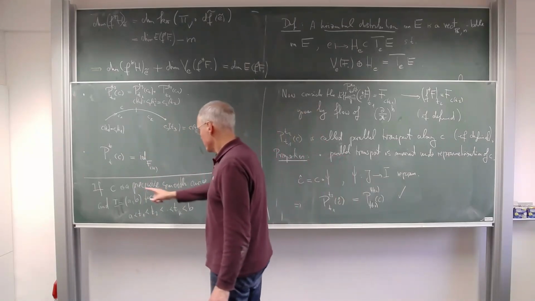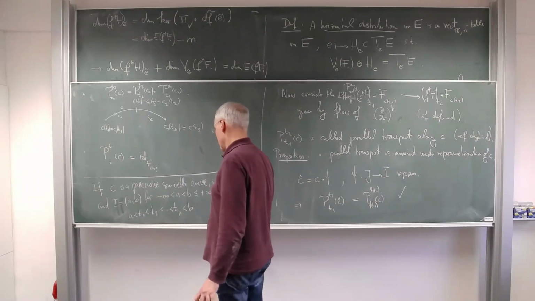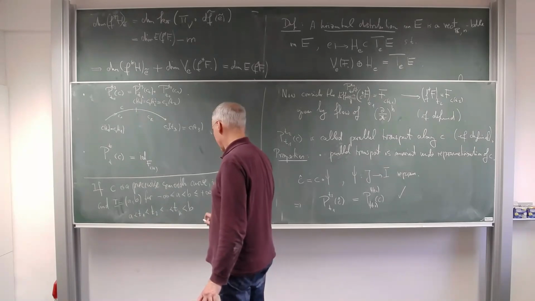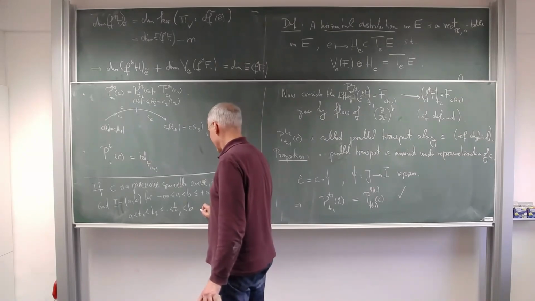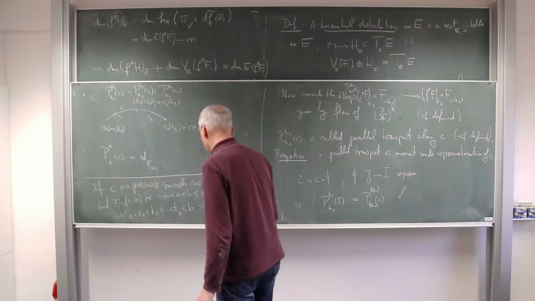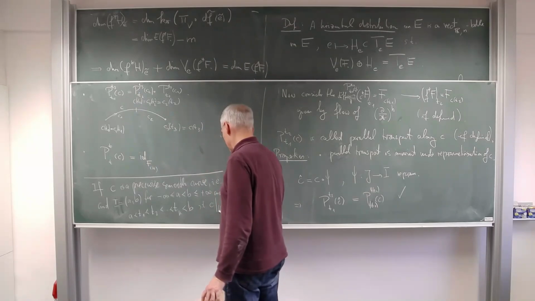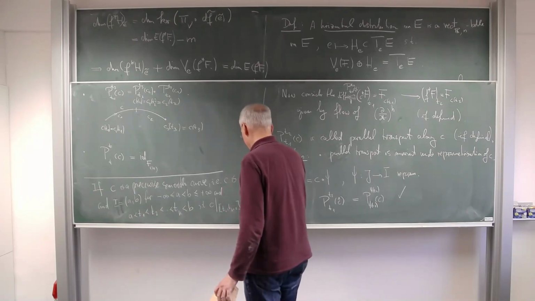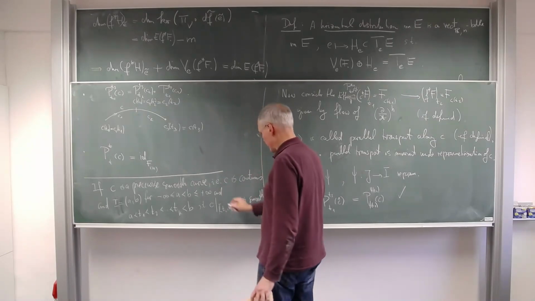So C is continuous, and we can subdivide our interval in such a way that the restriction to Ti, Ti plus 1 is smooth for each i.